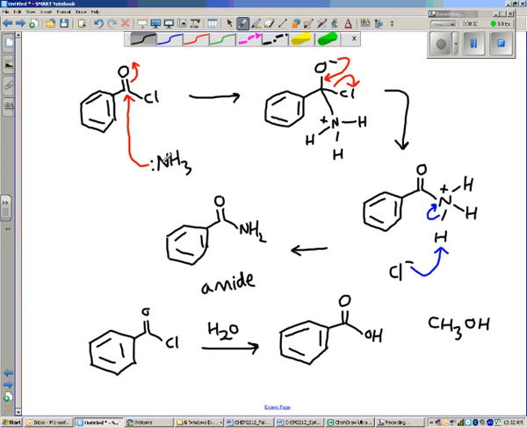Well, notice we lose a hydrogen from the heteroatom, hydrogen from the nitrogen, hydrogen from the oxygen, and therefore we lose a hydrogen from the oxygen here as well. So what that means is when it's added in, our nucleophile would look like this. Alright? And that, in essence, is nucleophilic acyl substitutions with both negatively charged and neutral nucleophiles.